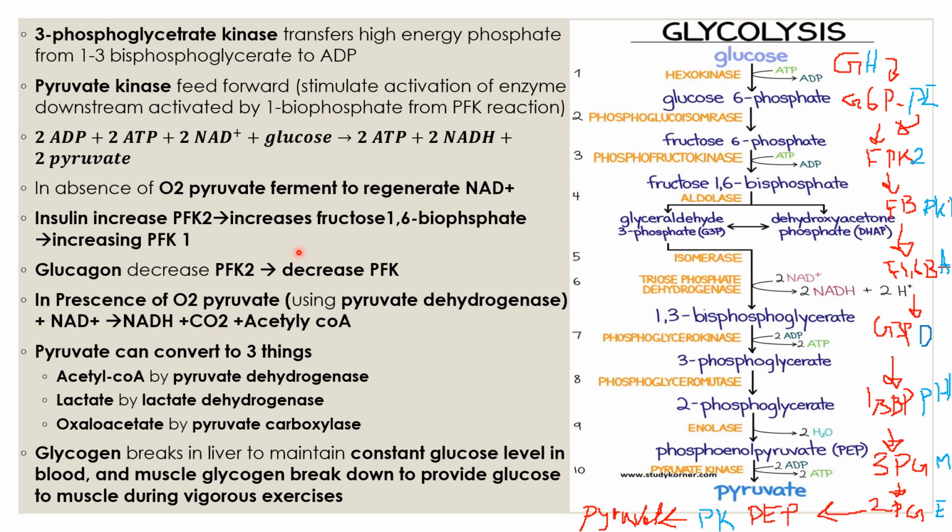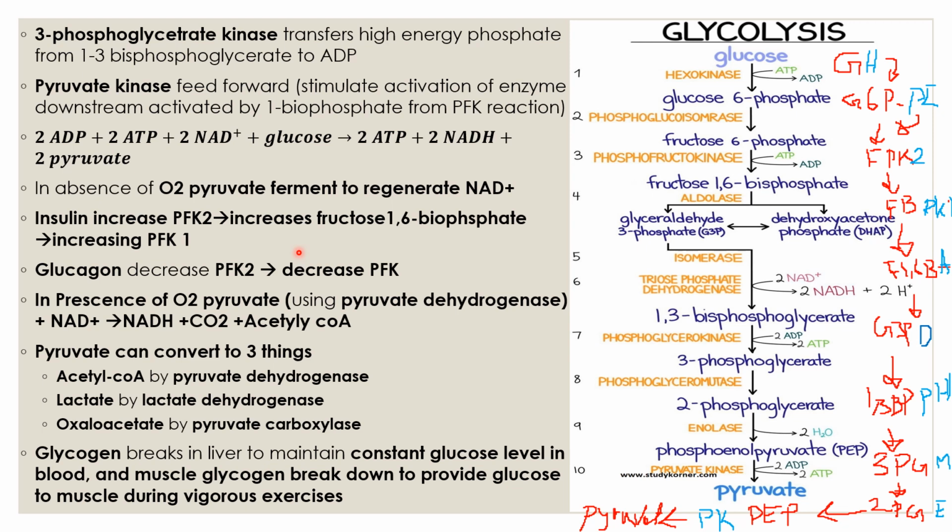So after pyruvate is produced, we have 3 outcomes for this pyruvate. It can convert into acetyl CoA by an enzyme called pyruvate dehydrogenase, or into lactate, or into oxaloacetate. It converts into lactate by lactate dehydrogenase, and into oxaloacetate by pyruvate carboxylase. Right?